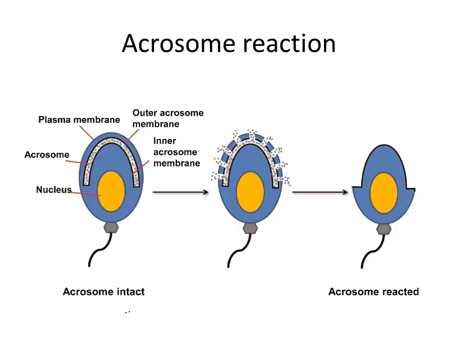So in this picture you can see the acrosome reaction, in which the plasma membrane of the sperm and the acrosomal membrane join each other at multiple points and pores are formed, and through these pores the acrosomal enzymes are released and they digest the zona pellucida layer.